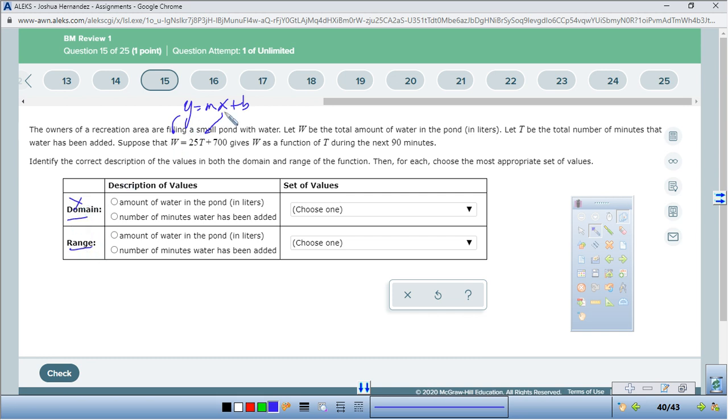Domain is your x. So what's x? X is your t, the total minutes. So t minutes right here. And then the other one, water in the pond.